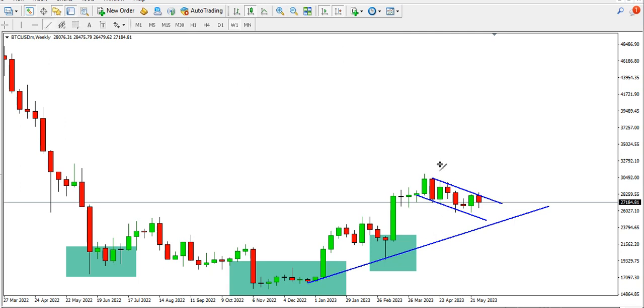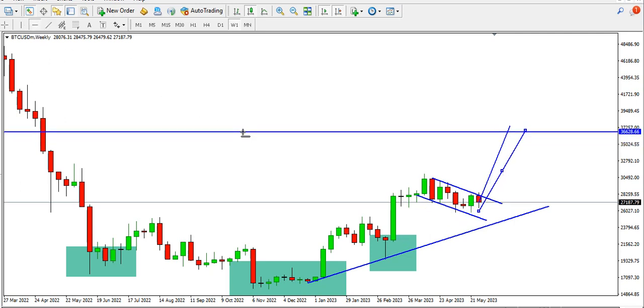We expect price to break out of this flag and push up. Let's see how far price might likely go. Push up to this point, up to the 36628 level. So that's what we're forecasting for Bitcoin on a long-term basis.